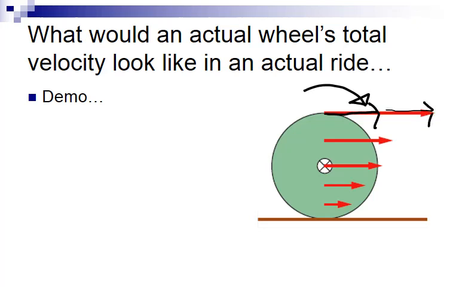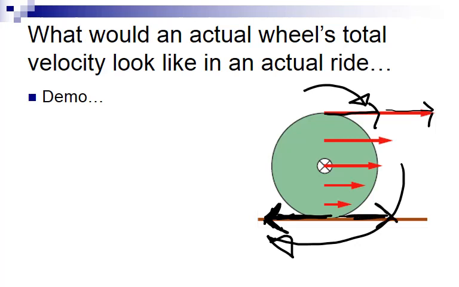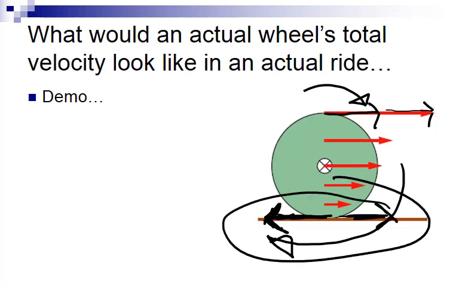As this rotates down at the bottom, the rotational velocity goes this way, and the translational is going this way. So it turns out at the bottom, when you add those two up, you end up getting 0 meters per second. That's why as something rolls across the ground, it's static friction, because it's not slipping across the ground.